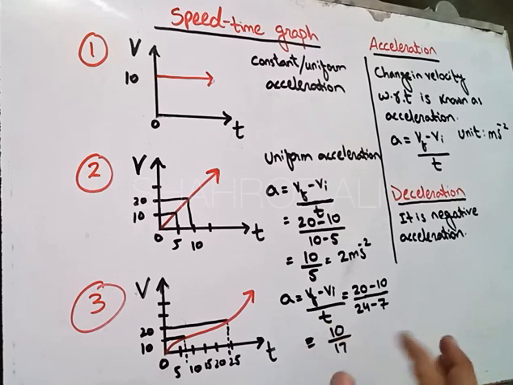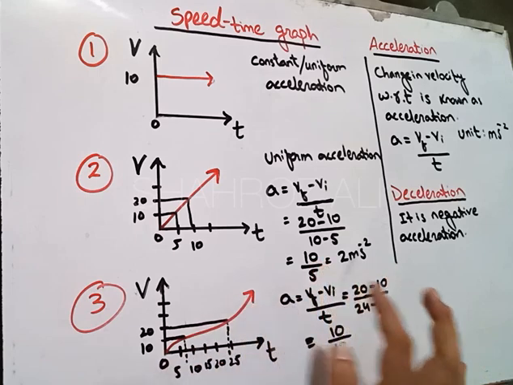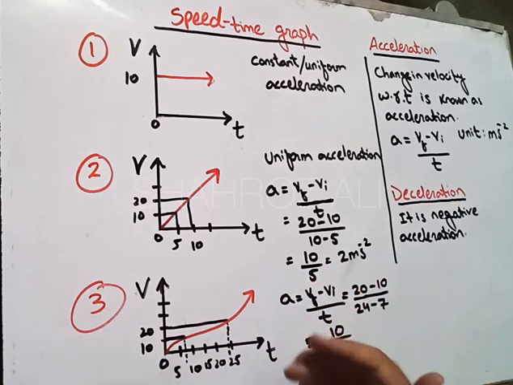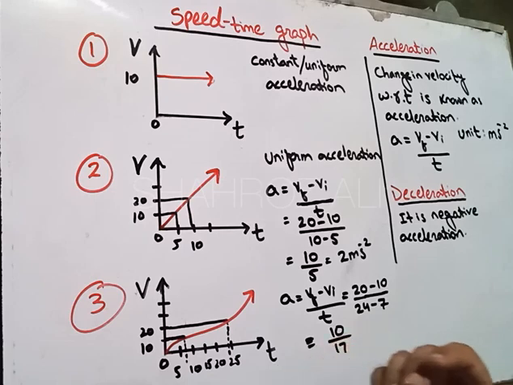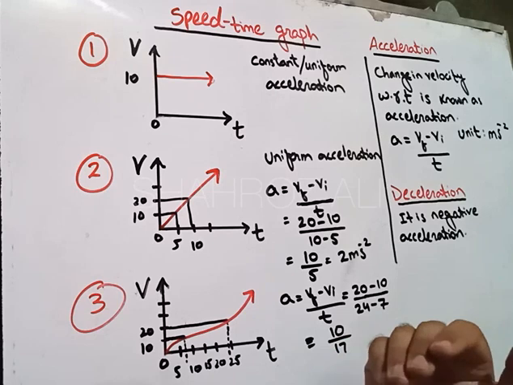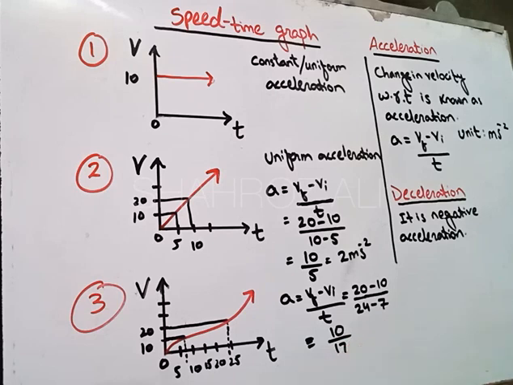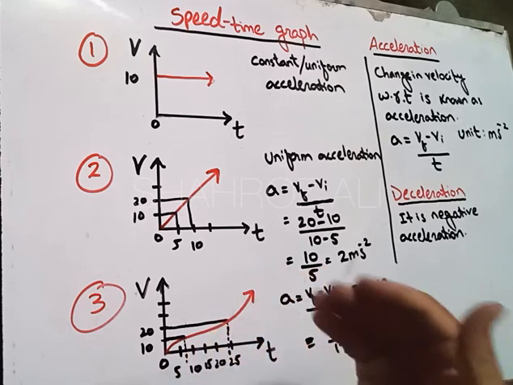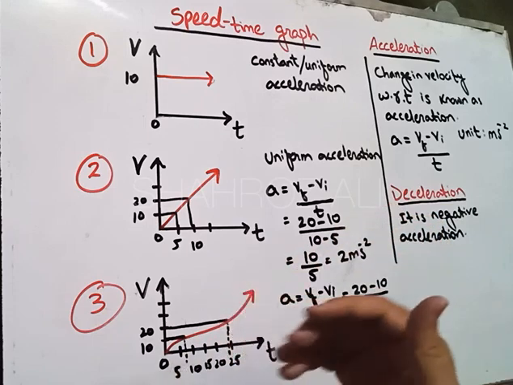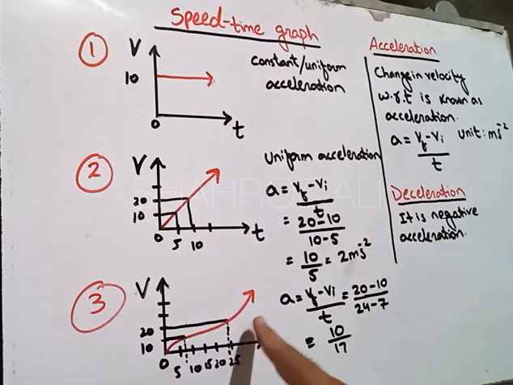Now this line is showing that acceleration is changing at any point with respect to time. If the velocity is changing with respect to time, it is known as acceleration. The acceleration is produced in this third graph, the third one.